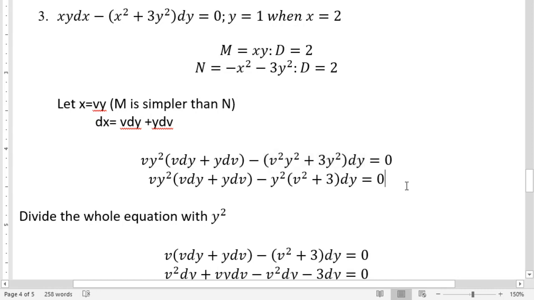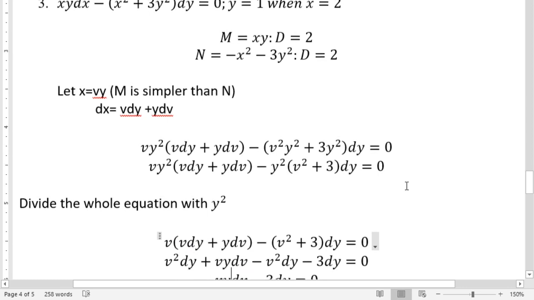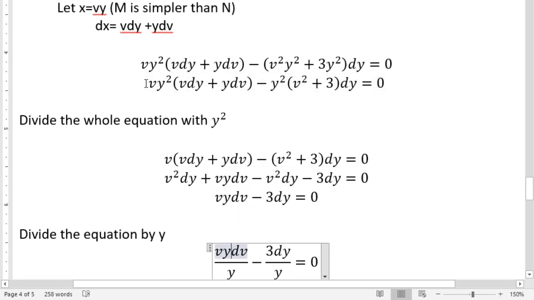I can factor it out. So, divide the whole equation by y squared para matanggal si y squared. So, naging v, the quantity v dy plus y dv minus the quantity v squared plus 3, the quantity dy is equal to 0.